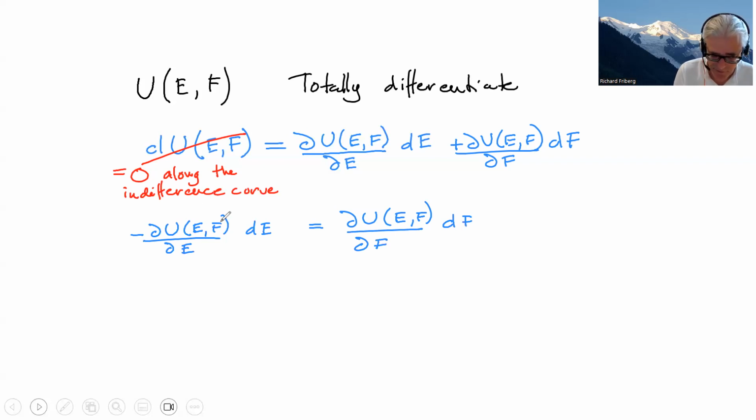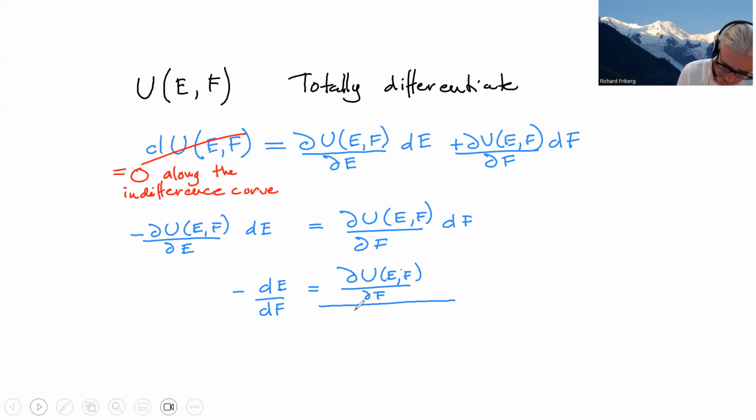Then divide through by these terms to reach minus dE over dF, which is given by dU_F over dU_E.